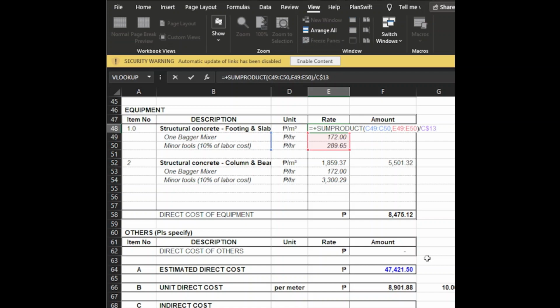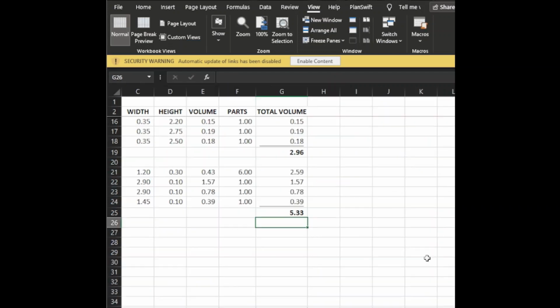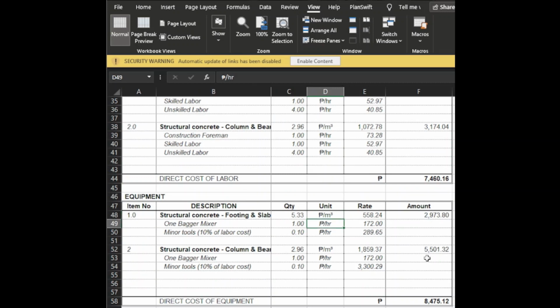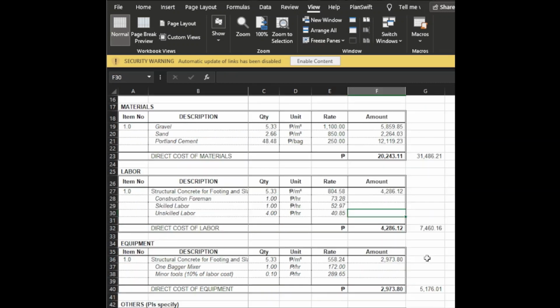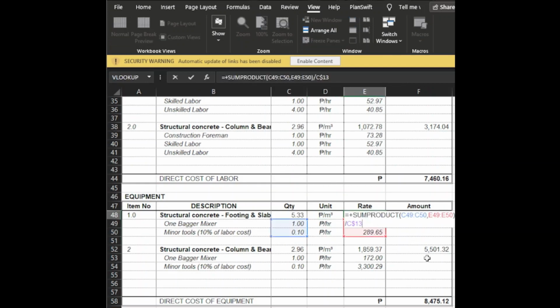C14, C13. For 1,286, the first one. Equipment is 4,286. Where is that 4,000? And 5,501.